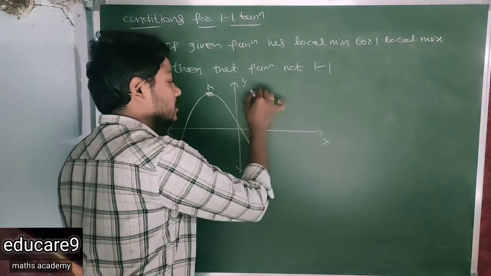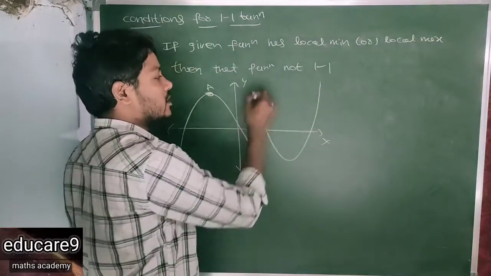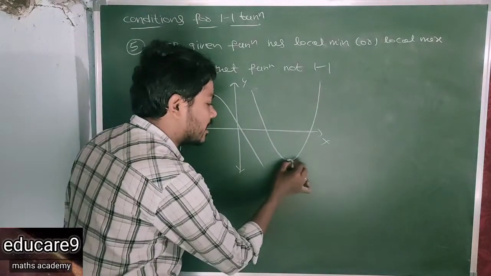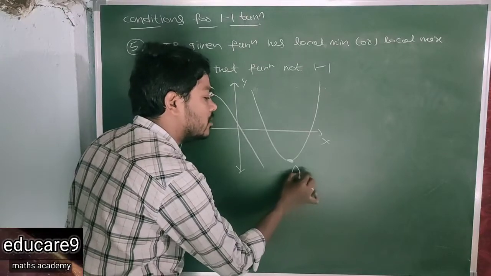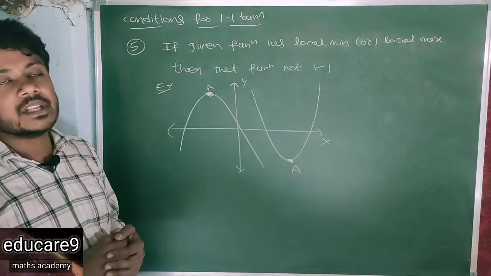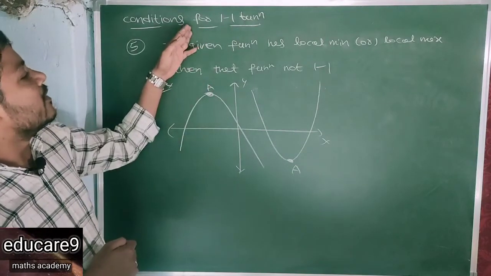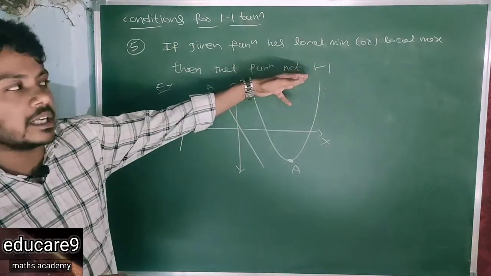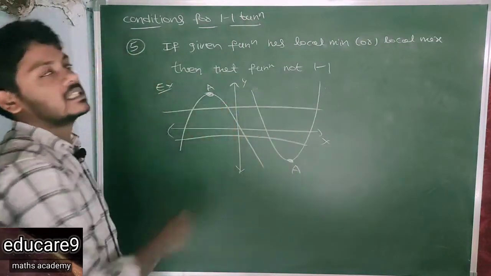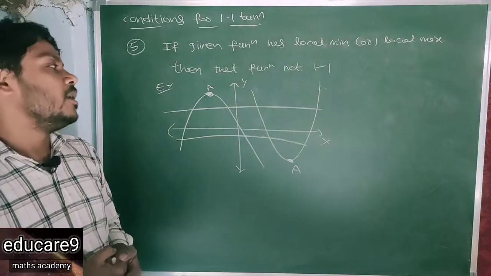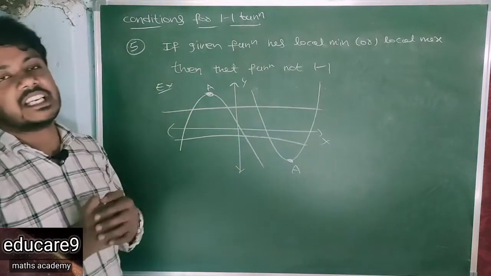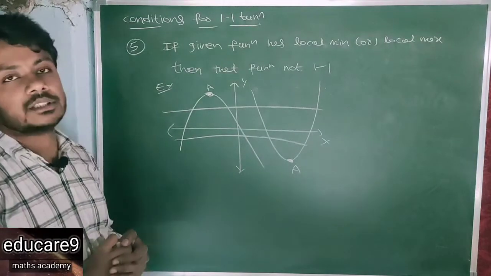And this also represents a parabola. This function has a local minimum at its vertex. This function has a local maximum and this function has a local minimum. So in that case, the given function is not one-one. Clearly draw the horizontal lines. This horizontal line touches the given graph at more than one point. So clearly this function is not a one-one function. Next formula.